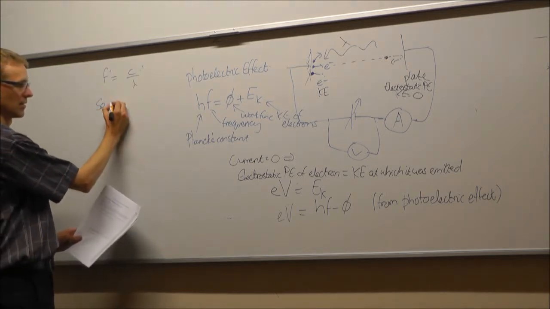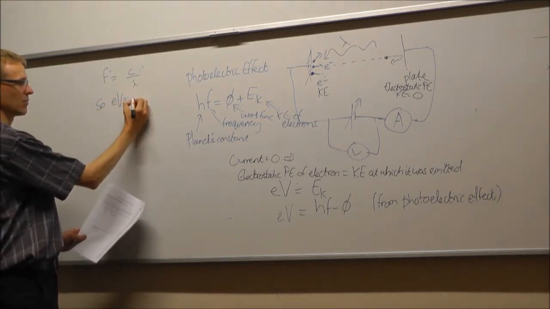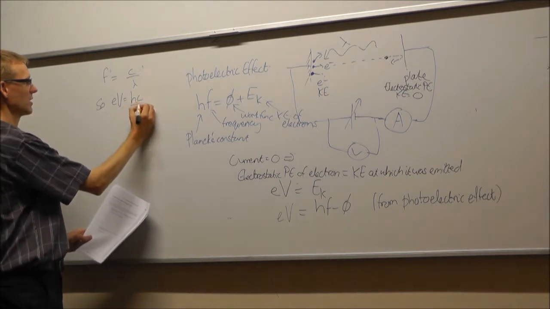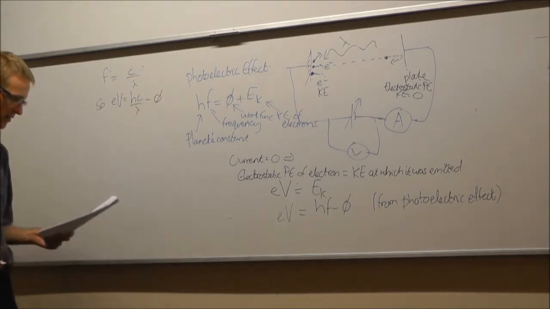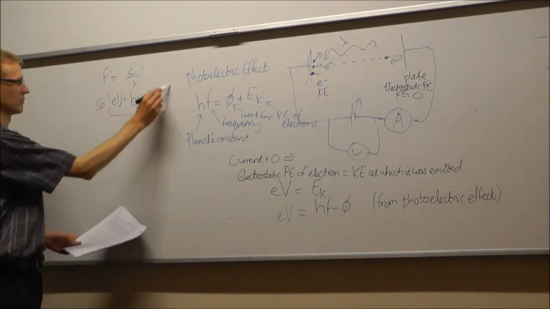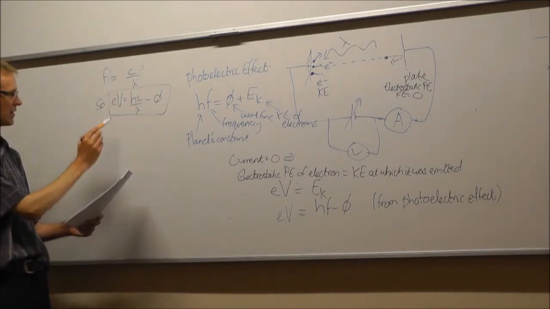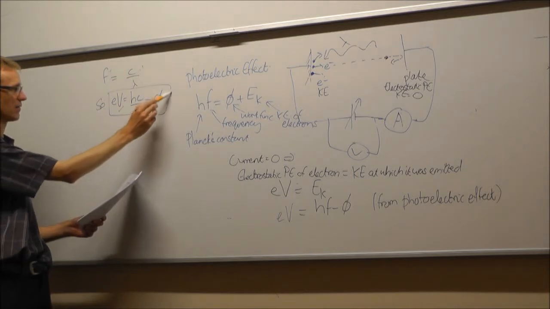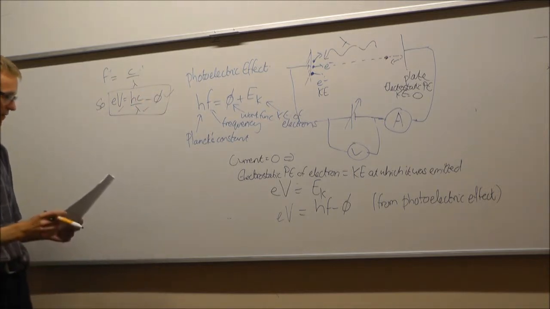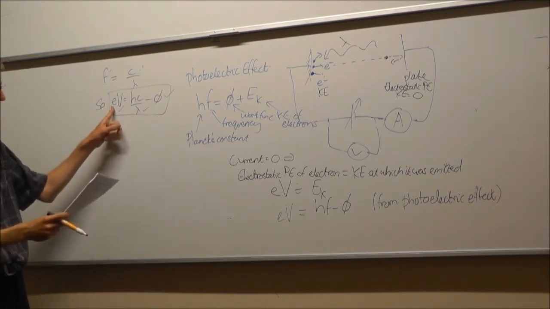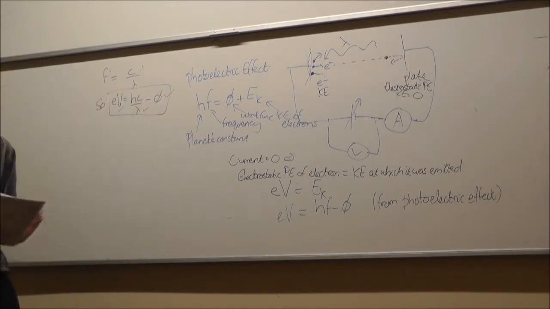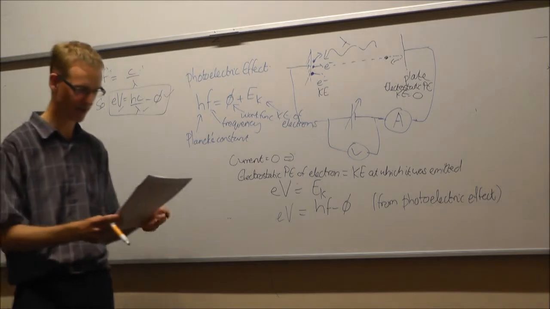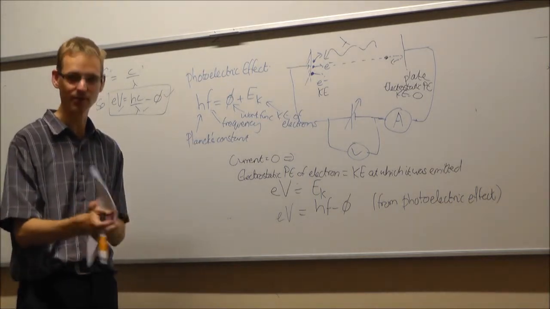So eV equals hc over lambda minus phi. So that relates V, lambda and phi. We're given charge of an electron, we're given c. Planck's constant is Planck's constant. There's no doubt about that one.